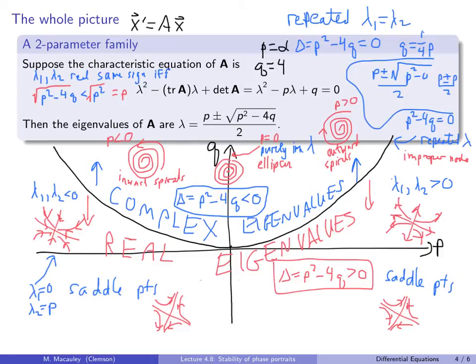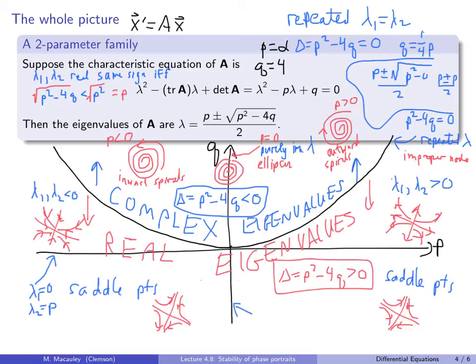And let me finish by looking at the q-axis, but below the parabola. What's that going to look like? That's going to happen when p is 0. So now our eigenvalues are going to be 0 plus and minus.